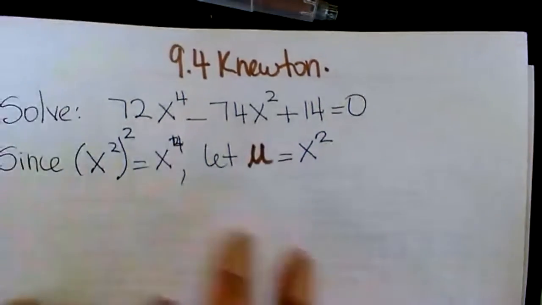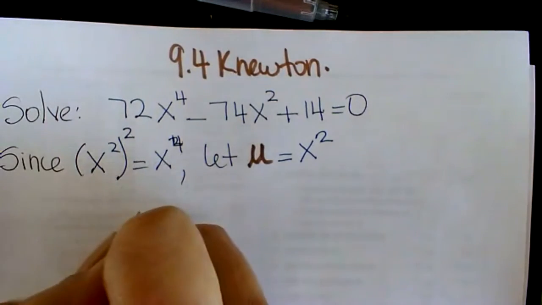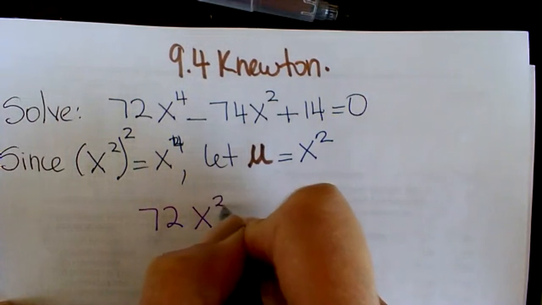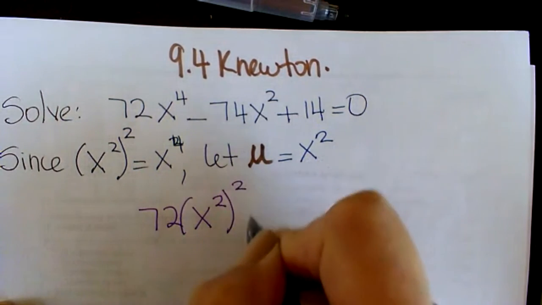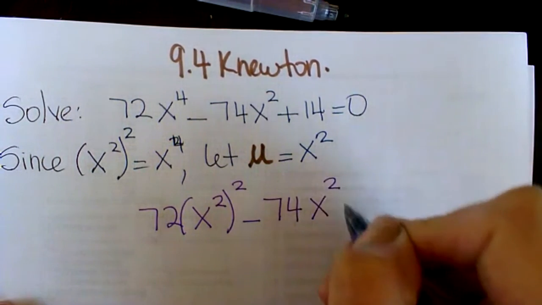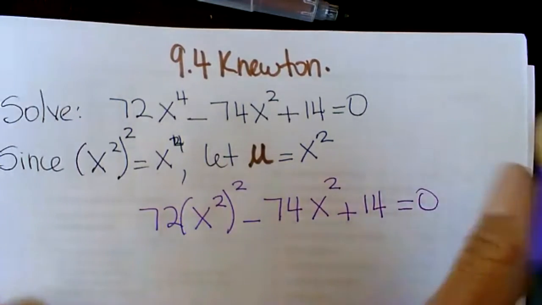So let's go. We have 72x squared minus 74x squared plus 14 is equal to 0.